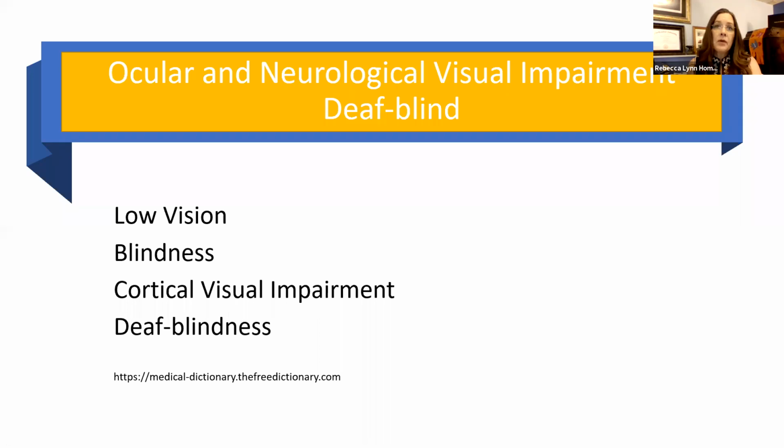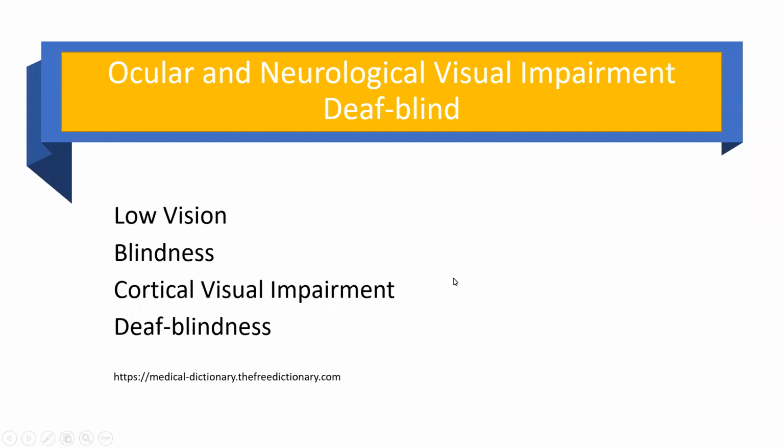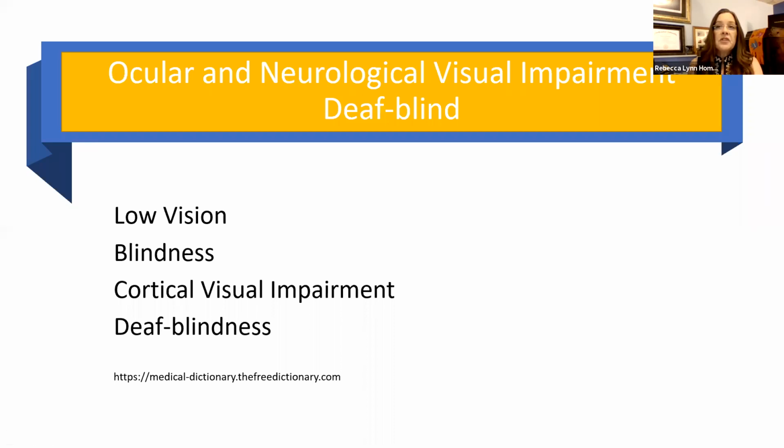When we talk about CVI, we're thinking about visual impairment due to neurological trauma or conditions that affect the parts of the brain that interpret visual information. And then deaf blindness, we're going to consider students who have both an auditory and visual impairment, the condition of which impedes communication and learning needs in ways that require special education and related services beyond that of students with just vision or just hearing loss.